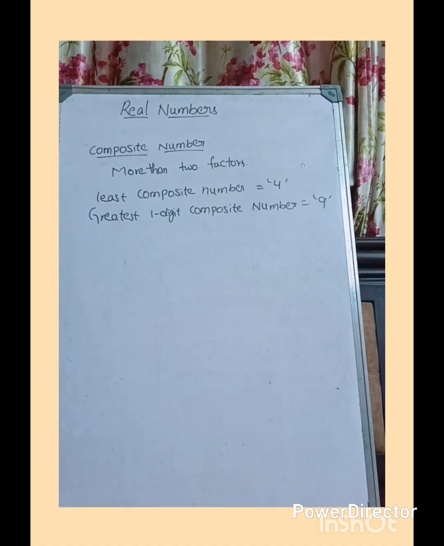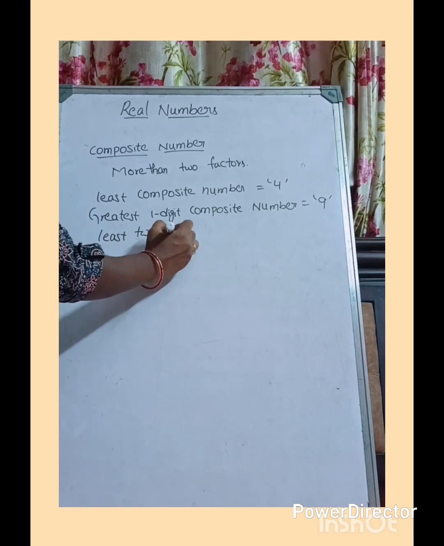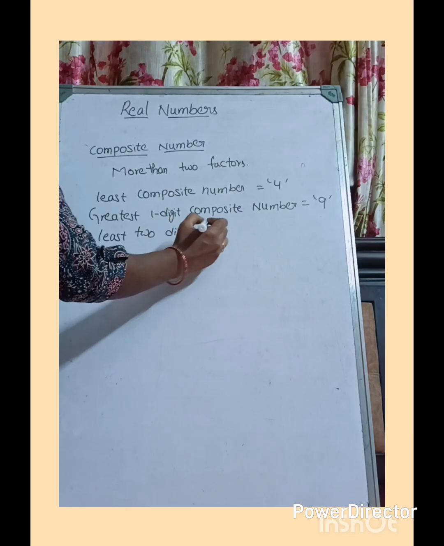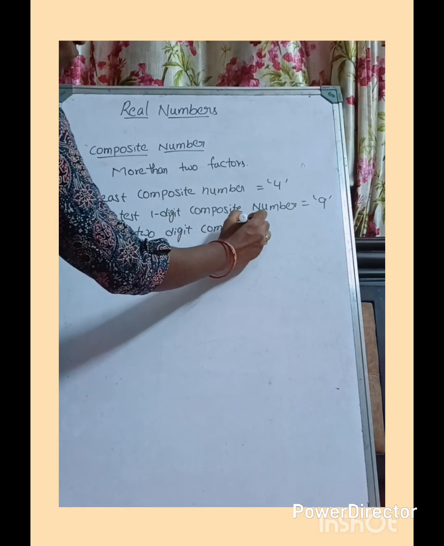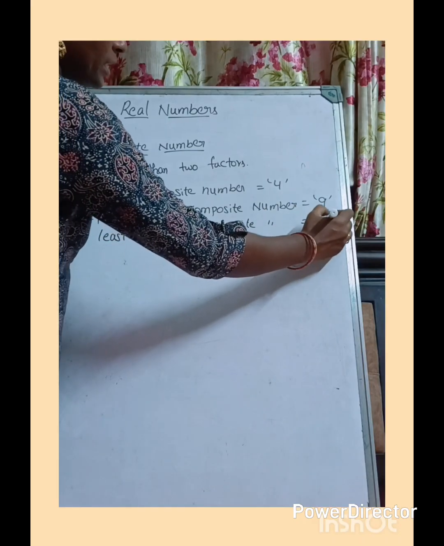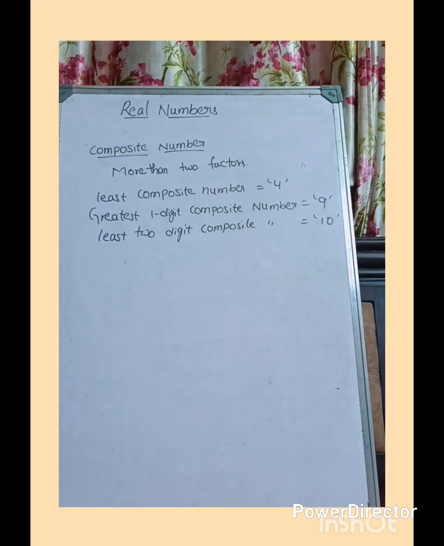Next one, least 2 digit composite number. What is the least 2 digit composite number? 10, right? Yes. Next one, greatest 2-digit composite number.